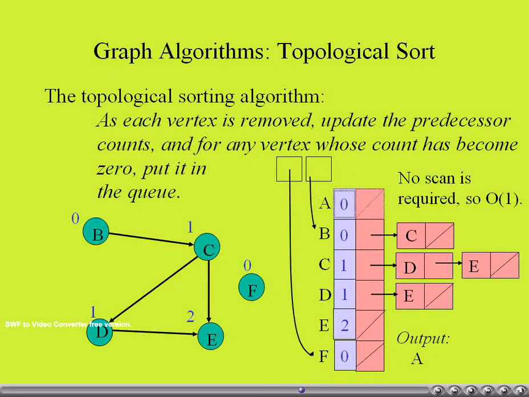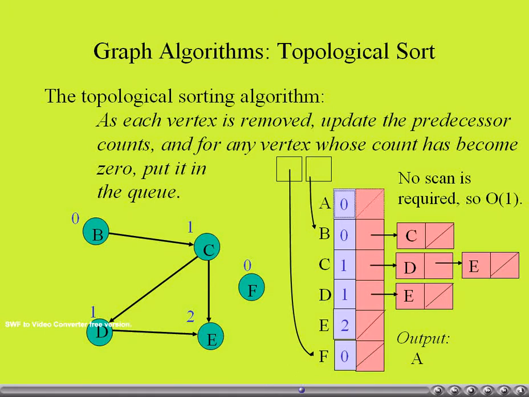Let's assume that we are planning to remove the node A. If we remove A, we have to update the predecessor counts of its adjacent nodes. They are B and D. Currently, B's predecessor count is 1, so that will be reduced by 1. Thus, B's value becomes 0, and B will be pushed into the queue. However, D's count will not become 0, thus it will not be pushed into the queue.